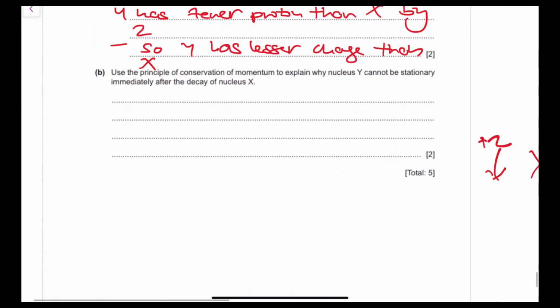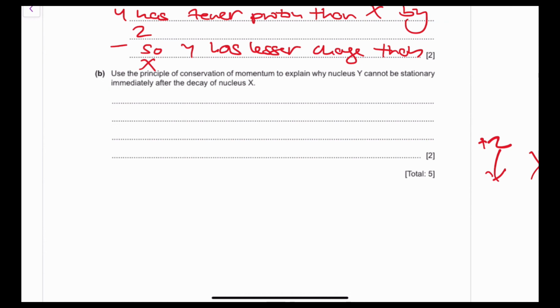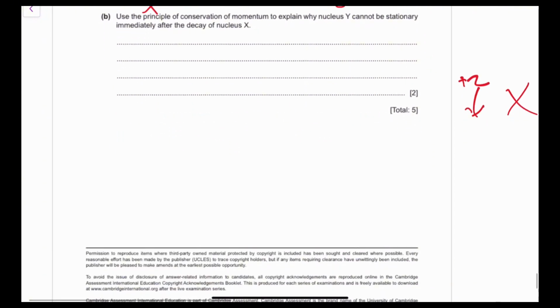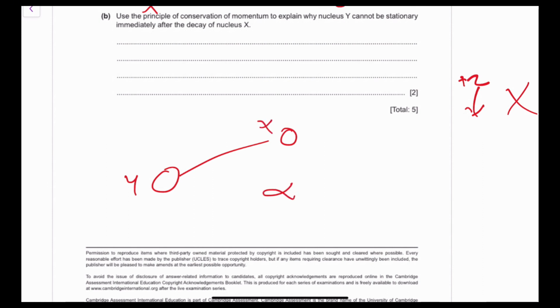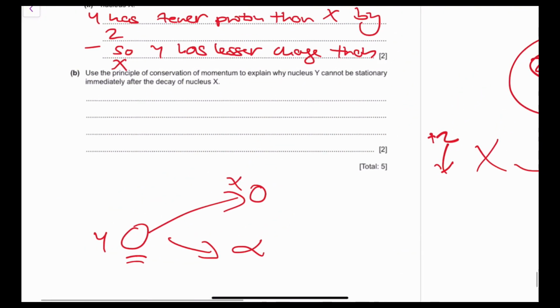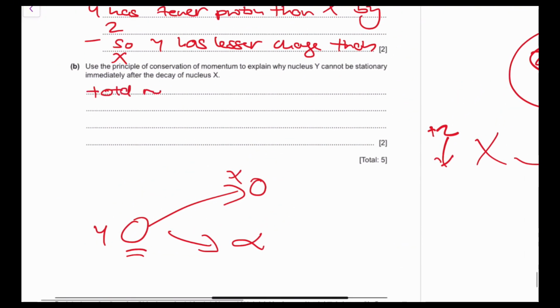Very important. Using the principle of conservation of momentum, explain why nucleus Y cannot be stationary immediately after decay of the nucleus. So if you have nucleus X that decays and forms nucleus Y and that alpha particle, emitted in opposite directions, Y cannot remain stationary. Why? Because the total momentum before decay must be equal to after decay.